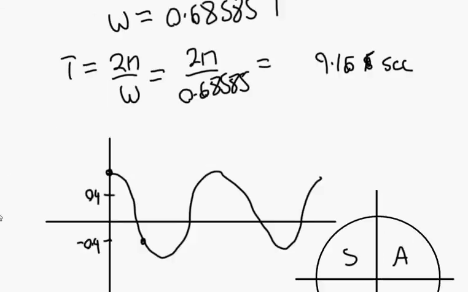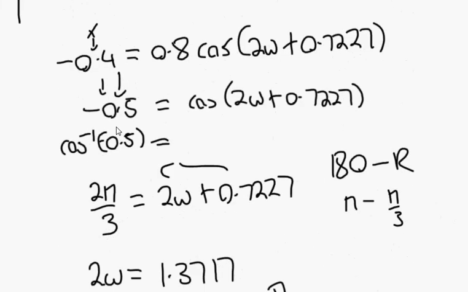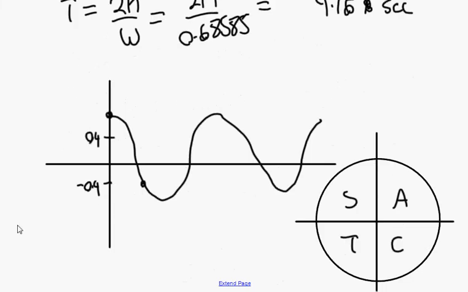Would you agree with that? The cos was negative, it was a negative 0.5. And this value is the value we got in the second quadrant. It also hits minus 0.4 shortly afterwards. Again, if you use the third quadrant, that would be when it's on its way back, hitting minus 0.4 again.